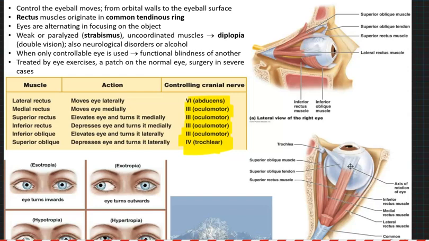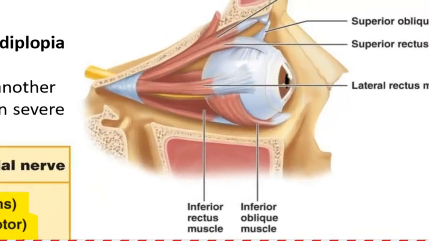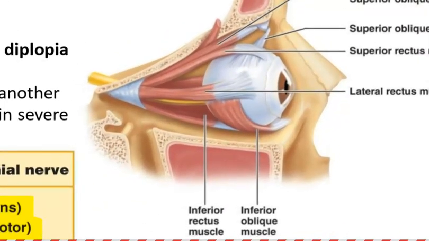So let's take a look at these muscles. First and foremost, there are 4 rectus muscles. Does anyone have an idea what the word rectus means in Latin? I bet you do, you just don't realize it. Have you heard the verb to rectify?